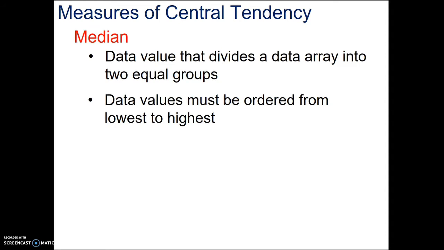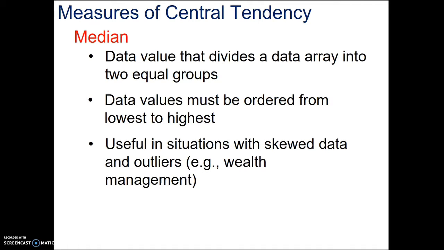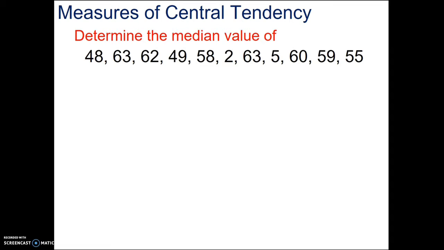What you're going to have to do is take all of those data values and order them from lowest to highest, which may take a little bit of time. But what's really nice is if your data is skewed to the right or to the left, or if you have really big outliers, like a 0 in the grade book, or a really big value if you were taking data down, it's nice to see that median value to get a better idea of what's going on.